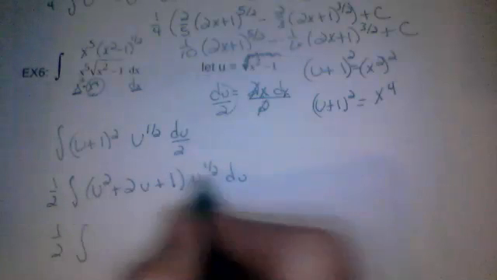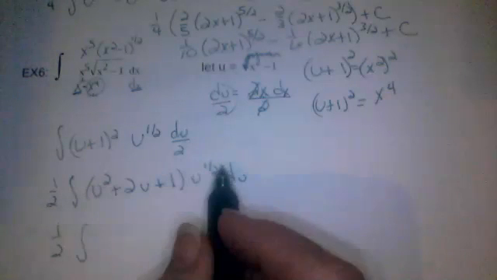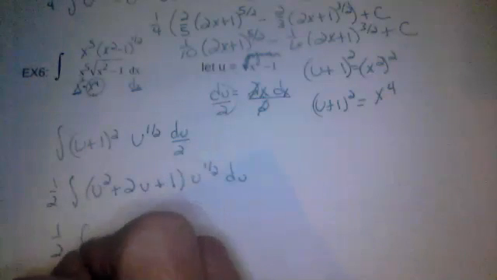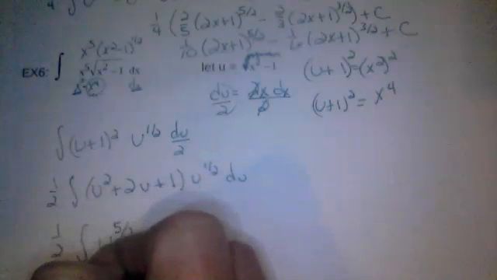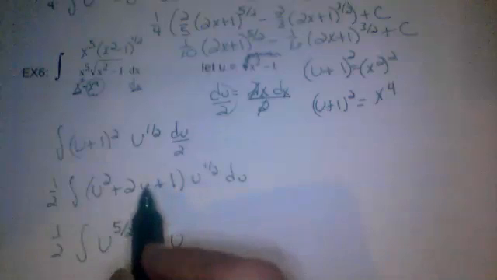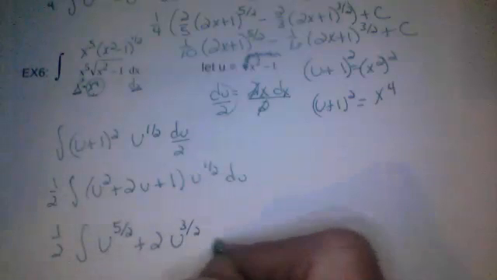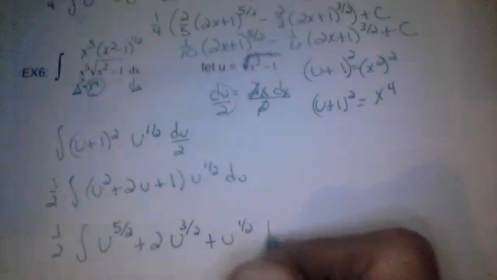So u squared times u to the 1/2. When you multiply, you add the exponent. So that's going to be u to the 5/2 plus 2u to the 1st times u to the 1/2 would be u to the 3/2 plus u to the 1/2 du.